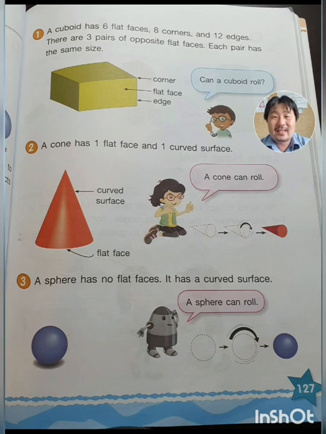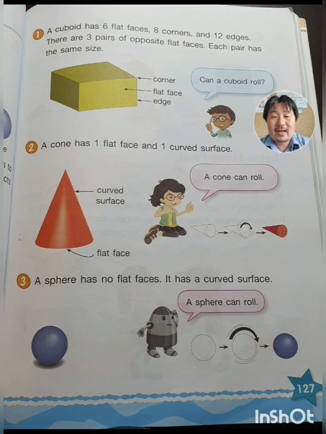And the girl is asking, can a cone roll? And the answer to that is yes, it can roll. It doesn't roll straight, but it can roll. And number 3, spheres. A sphere has no flat faces, it has a curved surface, and it can roll.